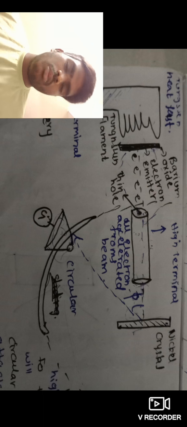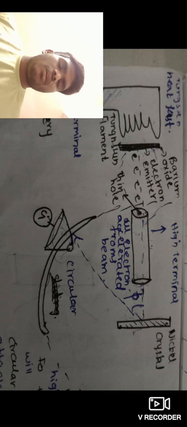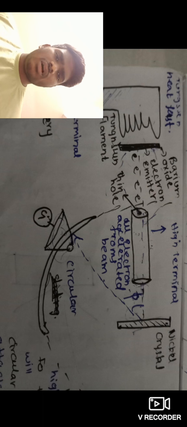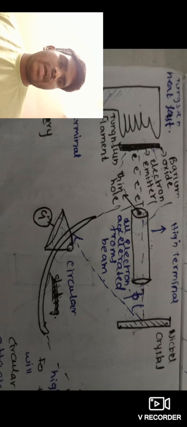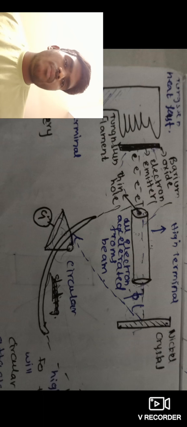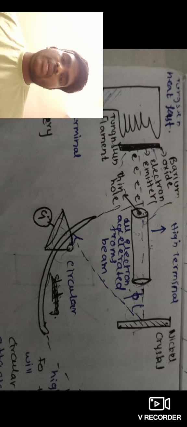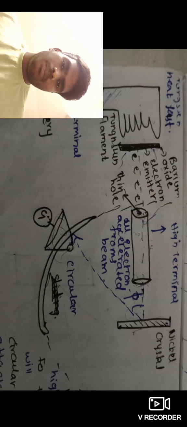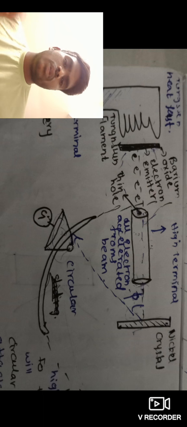So for that reason, we took a cylindrical shape like this, gave it a high terminal battery, and put a hole from the front side to the back side. When we apply the high voltage, the electrons pass through that hole, like a beam of light.